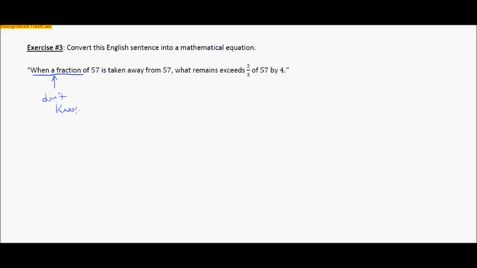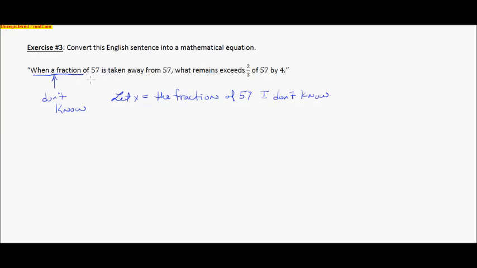And when you define your variable, that's what you're doing. You're writing down what you don't know. So I'm going to say let x equal the fraction of 57 I don't know. Okay, so now I'm going to use that in order to create an equation here.